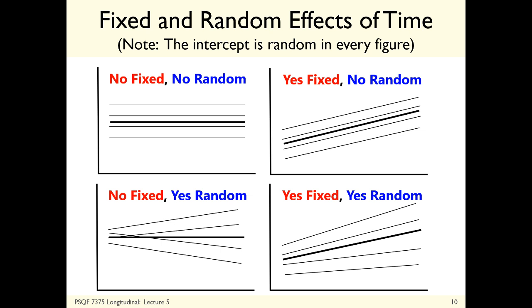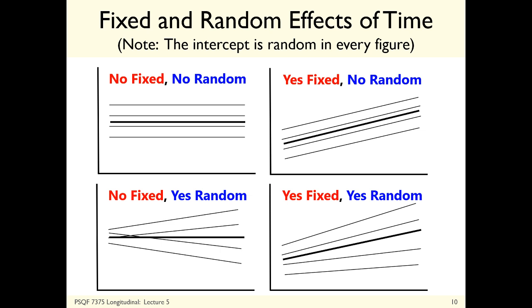Top left: no change on average, and everybody's no change is the same. So there's neither a fixed effect of time that we would need in the model, nor a random effect. Everybody not changing the same is why there's no random effect of time. There is a random intercept in all of these pictures, though. People start out at different places. Top right: yes, there's a fixed effect on average.